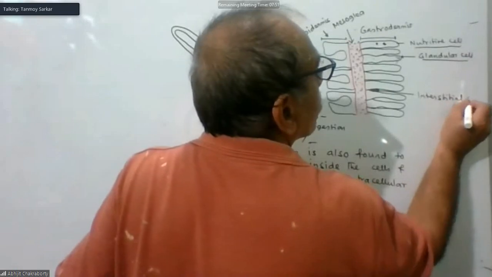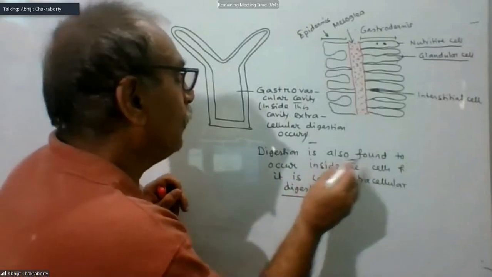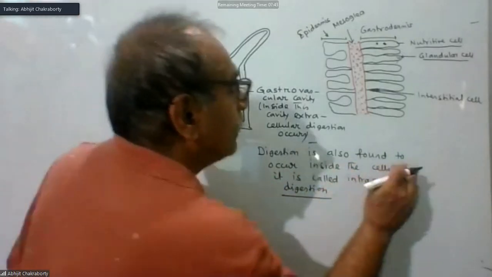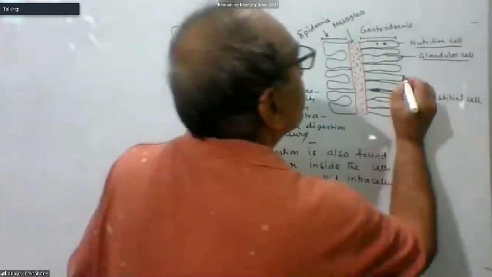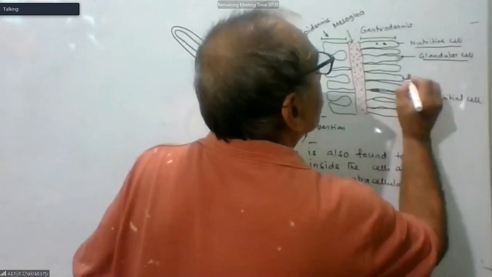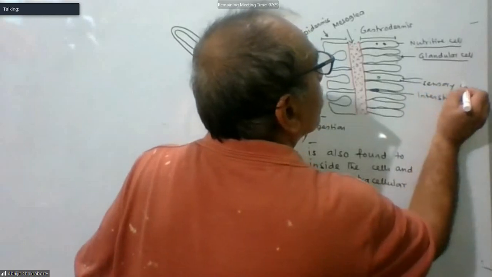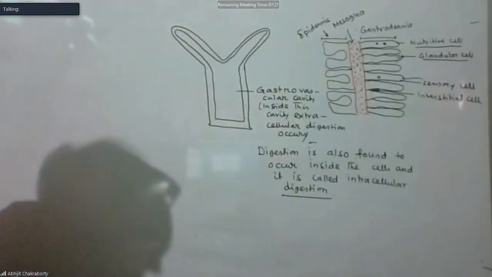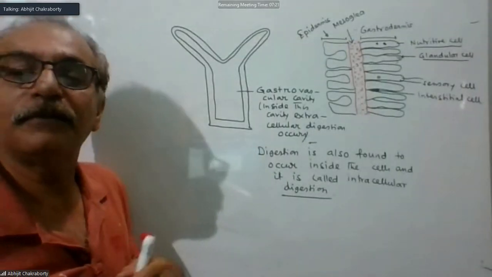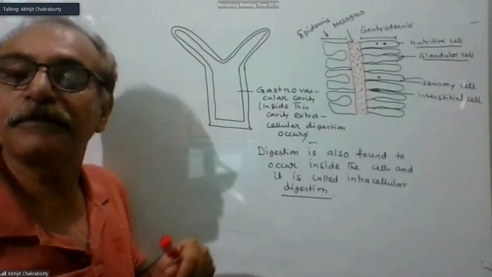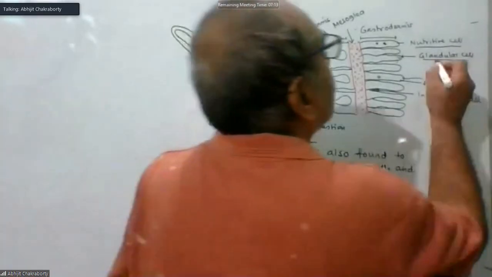Digestion is also found to occur inside the cells. So basically, the enzyme required for extracellular digestion is secreted by the glandular cell.